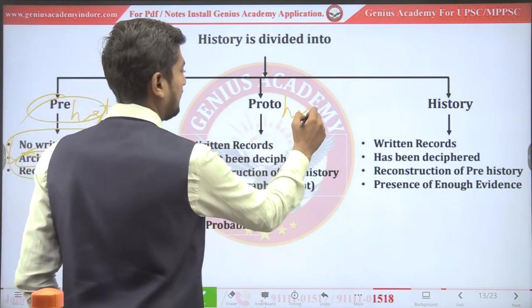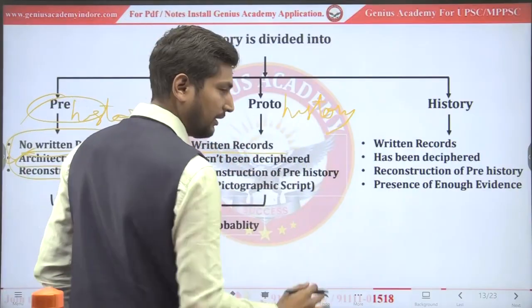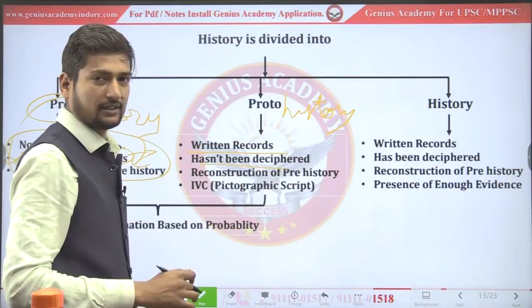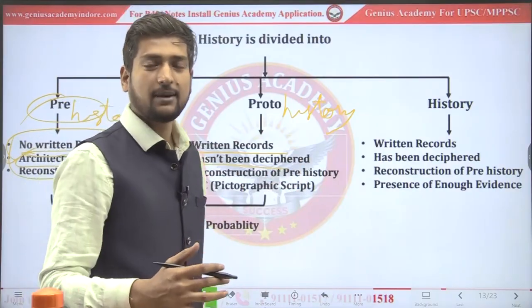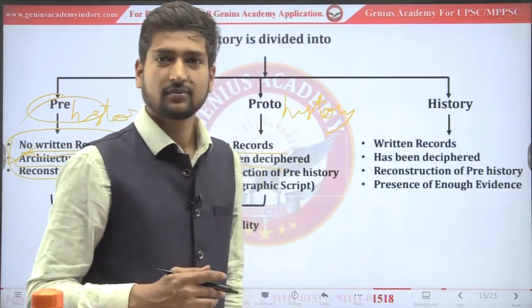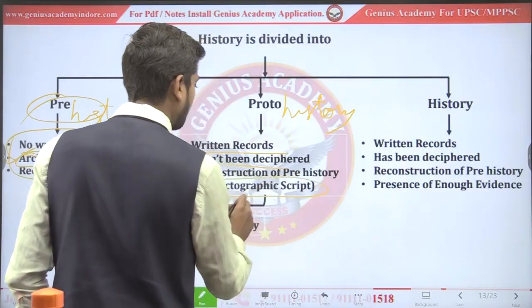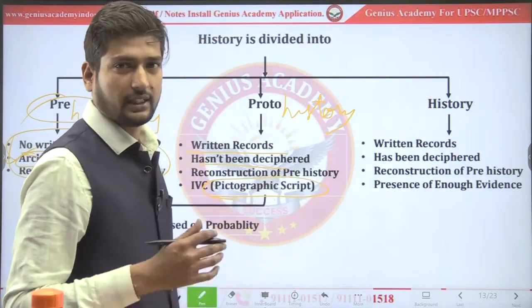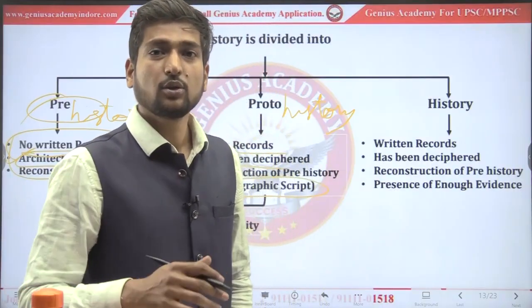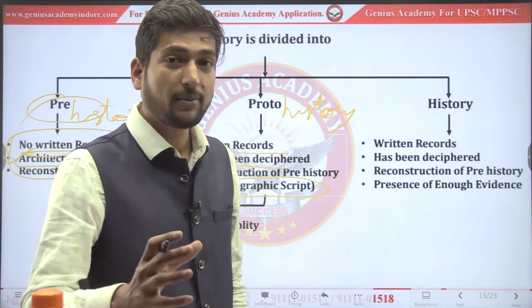In proto-history, written records are available, but haven't been deciphered. An example is the Indus Valley civilization, in which the pictographic script is not deciphered till now. So to know about the history of that period of time, it is a probability game.